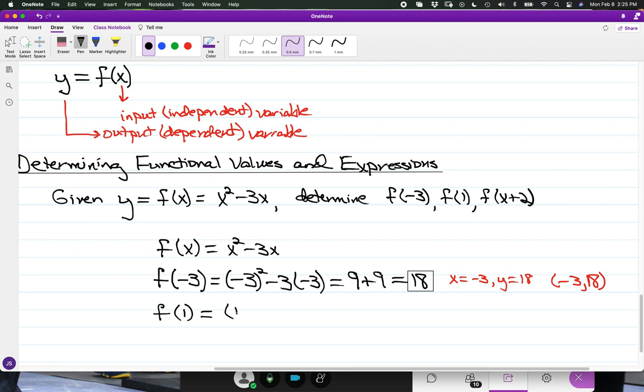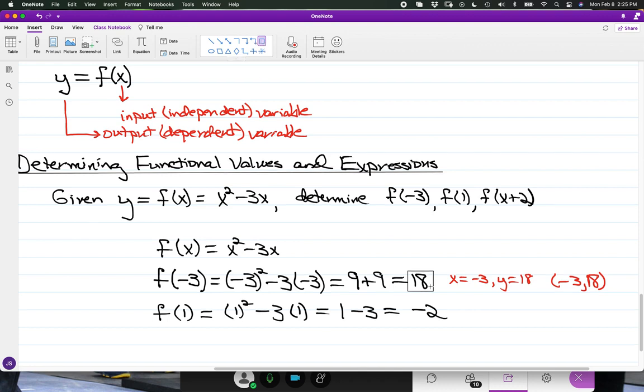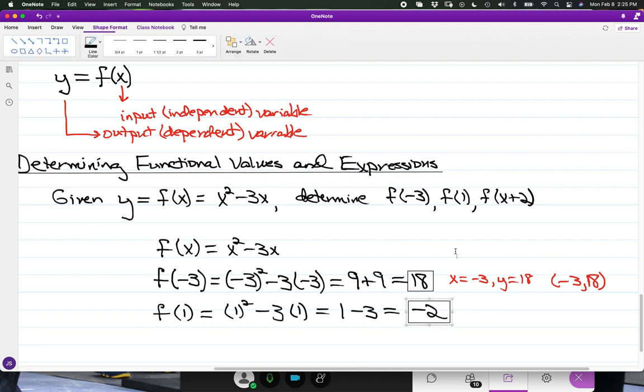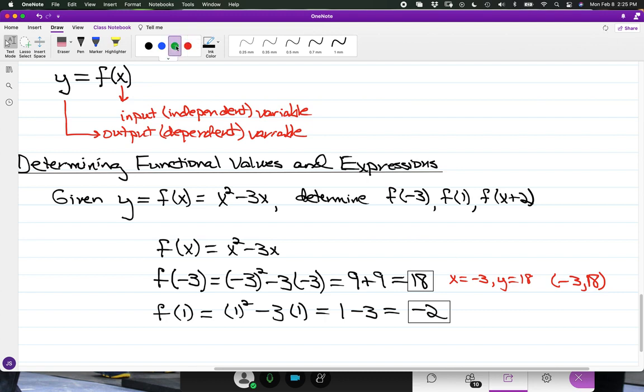The input we have is 1, so in the follow through, you have the square of 1 minus 3 times 1. 1 squared is 1, negative 3 times 1 is minus 3, and 1 minus 3 comes out to negative 2. So here we have x equal to 1, and y equal to negative 2. So not only would negative 3, 18 be a point on the graph, but also we would have 1 and negative 2.